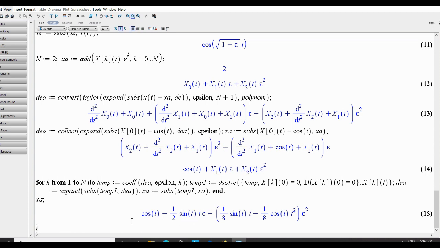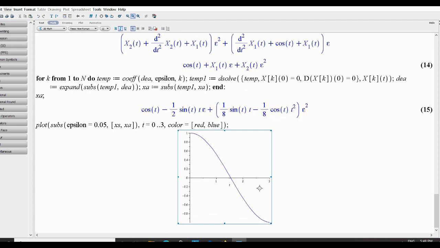So let us say plot, and then let us say substitute epsilon equals 0.05 in XA, t equals 0 to 3, color equals red, blue. That should work.